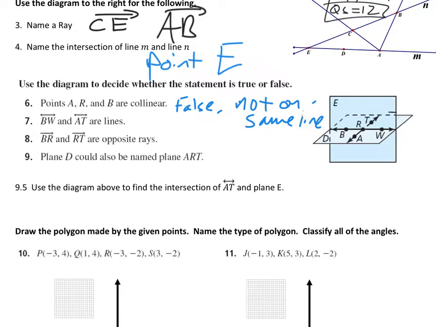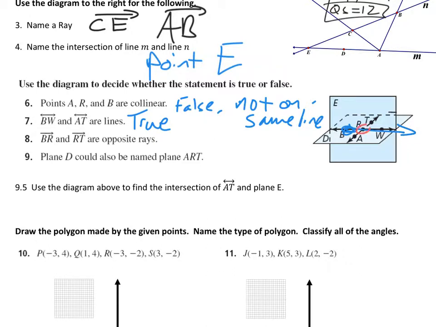Now the question is, are BW and AT lines? That's kind of too easy. BW is a line here, AT is a line, so that is true. And then are BR and RT opposite rays? Well, BR starts at B and goes through R. It's that way.